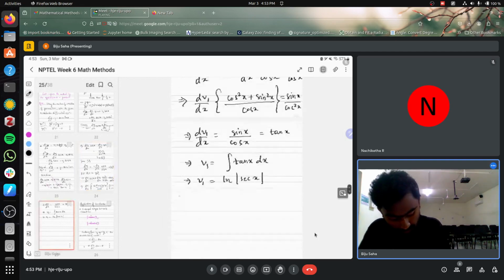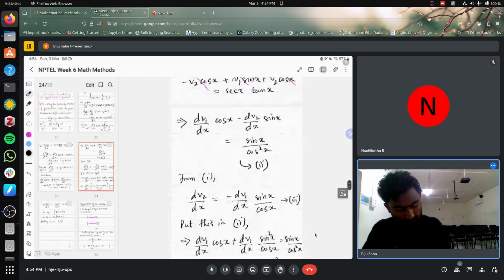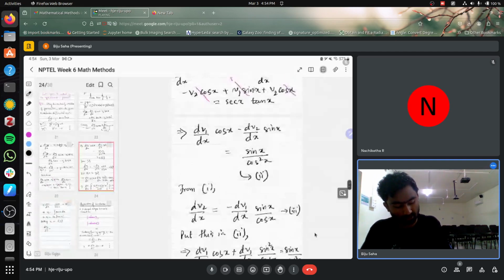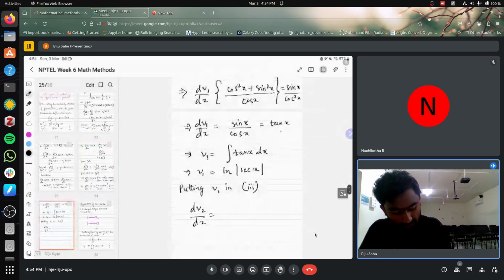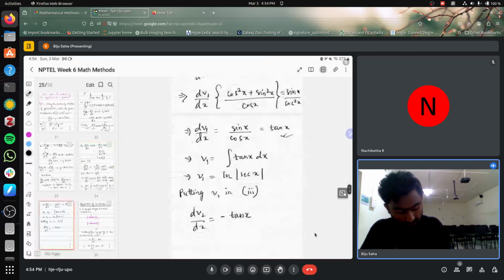Right now let's use this to get my v2. Putting this in 3, your dv2 by dx is equal to minus dv1 by dx. So dv1 by dx is tan x, so minus tan x times sin x by cos x.